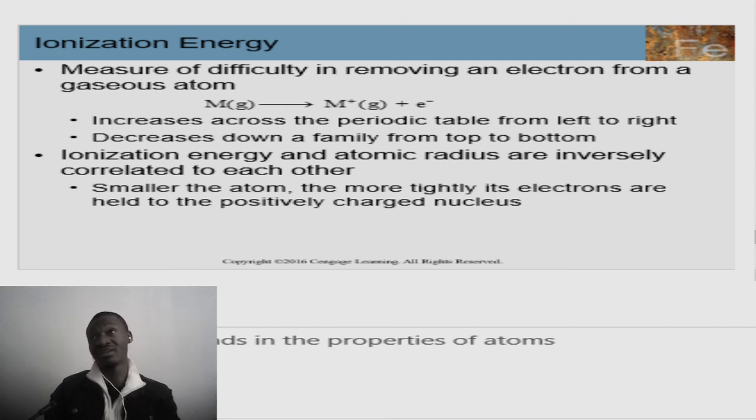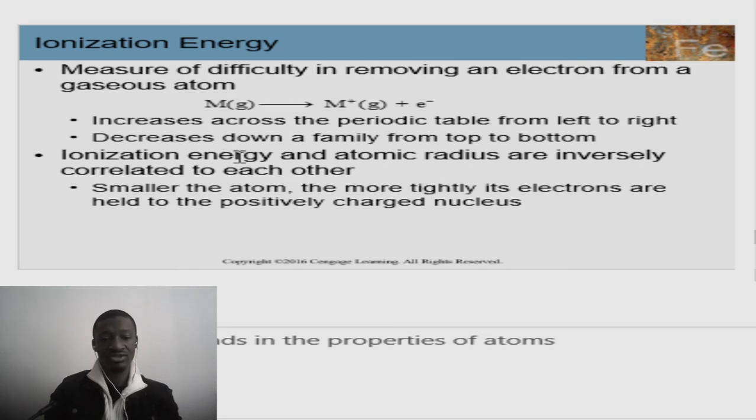I don't think there's any element that has the symbol M, but just think of it as an element denoted M. Removing the electrons from that to form an ion is your ionization energy, because you need energy to produce that result.